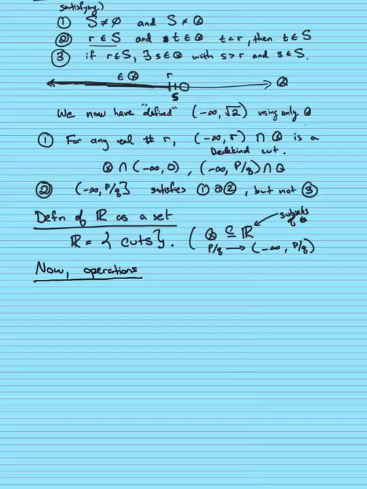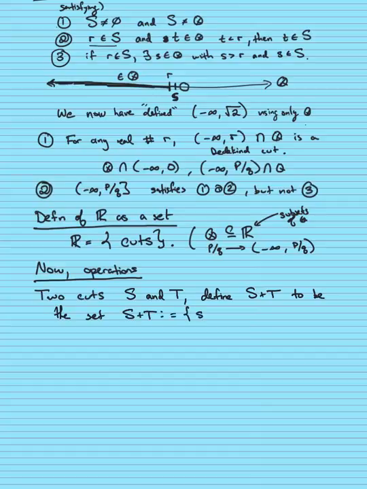For two Dedekind cuts S and T, we define S plus T to be the set, which we did define before, of all sums s plus t, for s in S and t in T. Now what we have to check, which is not immediately obvious, is that S plus T is a Dedekind cut.